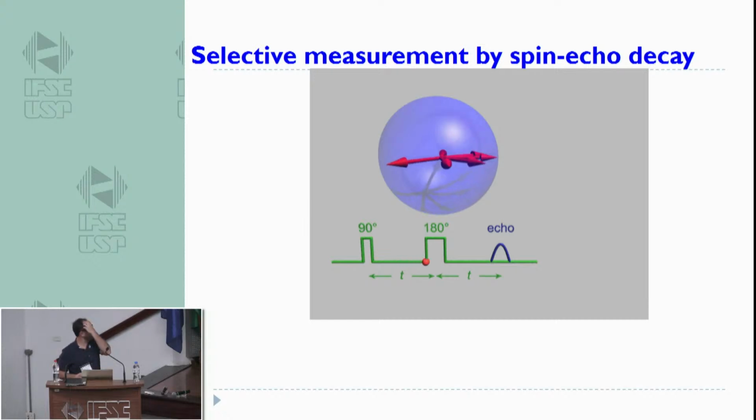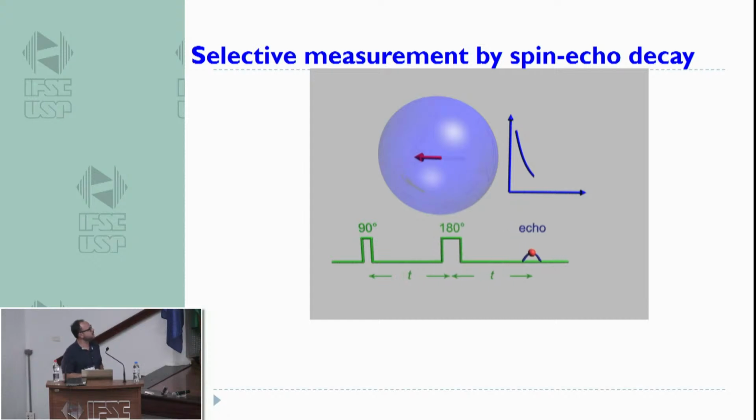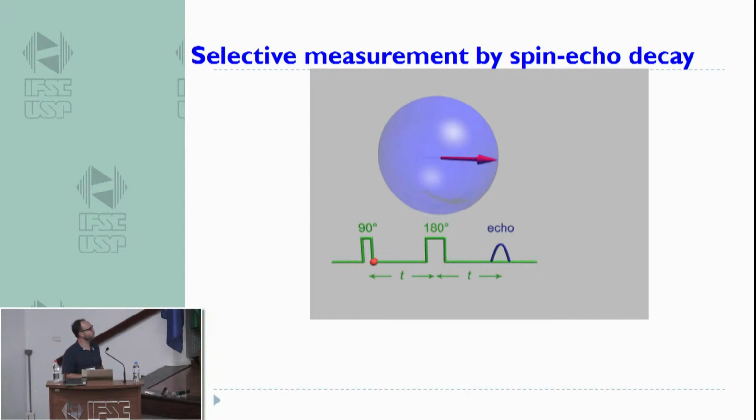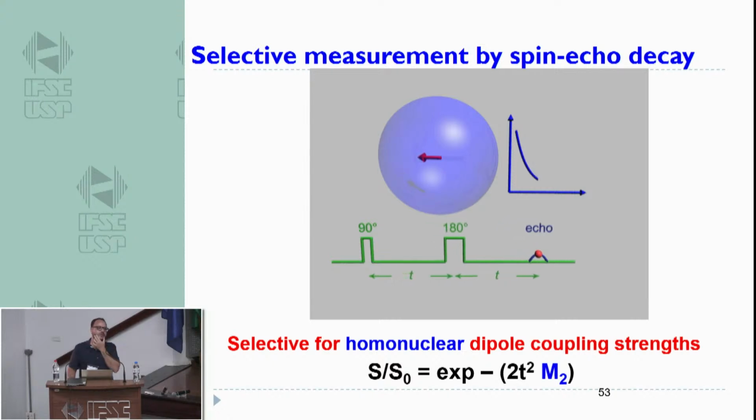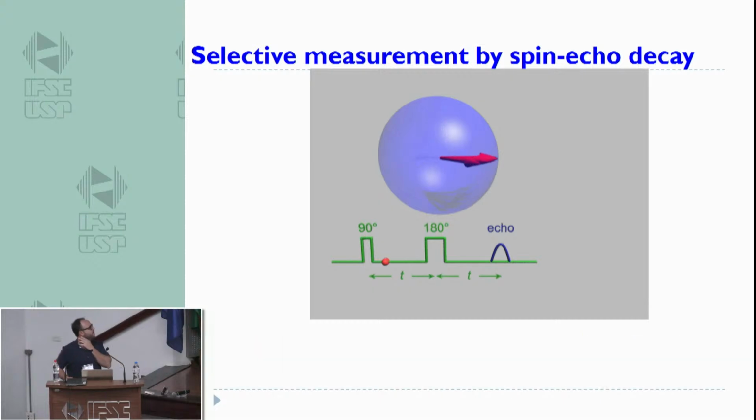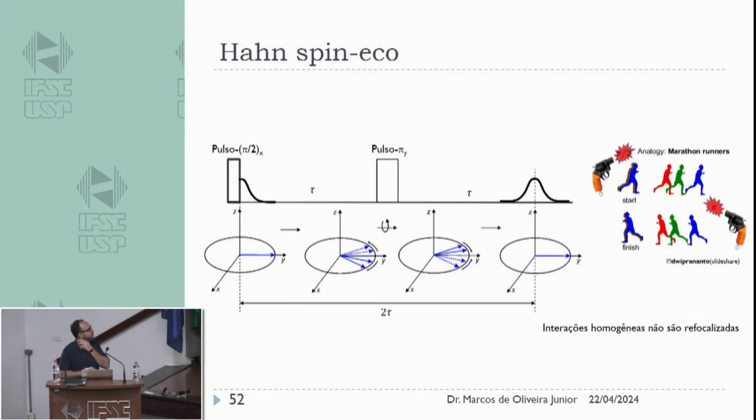If we do this experiment varying the time between these pulses, we see a decay that will be exponential for liquids, but for solids we have a Gaussian decay, and this decay is mainly dominated by homonuclear dipolar coupling. To have a refocus in this period, you need to have the same Hamiltonian as you have in this period.